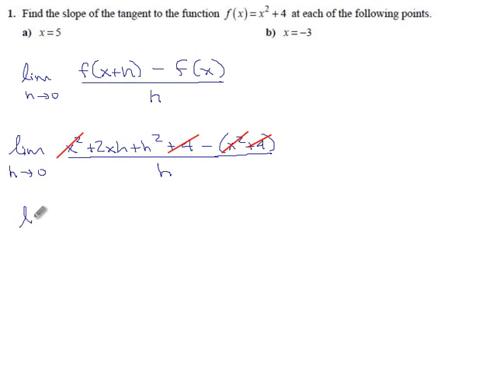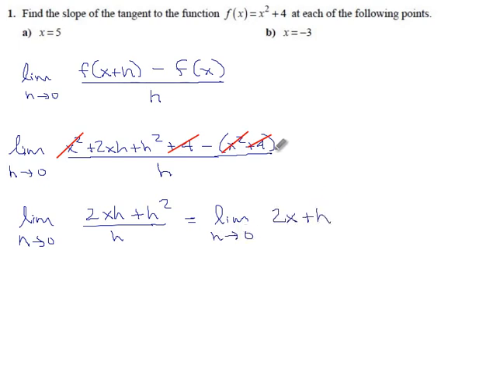So with that all done, we have the limit as h goes to 0 of 2xh plus h squared all over h, which cleans up to the limit as h goes to 0 of 2x plus h. Now, in the limit as h goes to 0, this just disappears, and so we get that our slope, no matter where you are on this curve, is simply 2 times x.